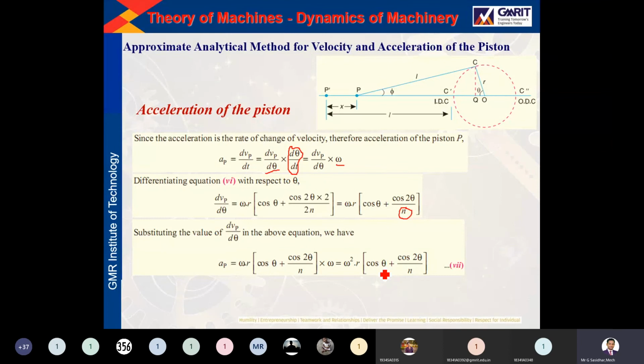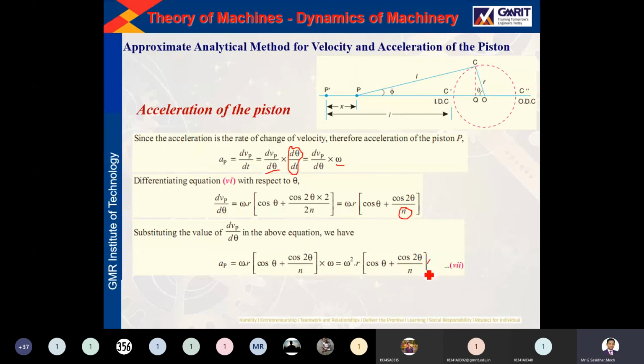So here is a small way to identify or remember. In velocity we have r omega, not omega square, and in the denominator we have 2n. Here, acceleration is r omega square times cos theta plus cos 2 theta by n. That is the only difference.